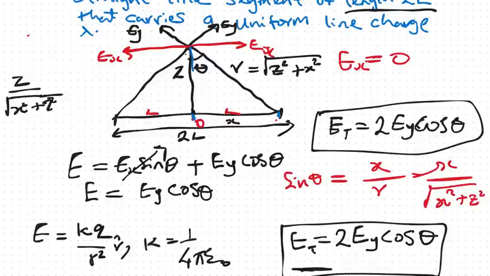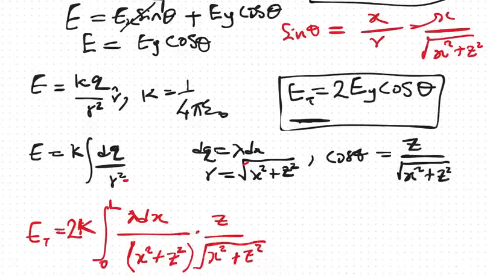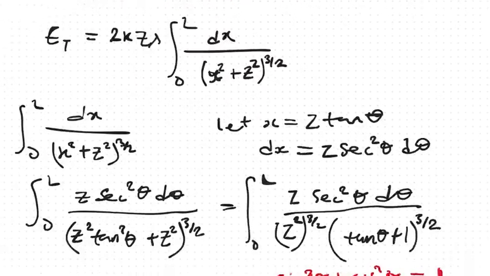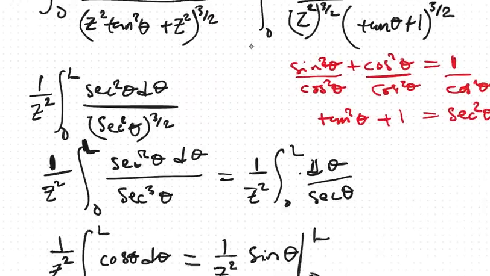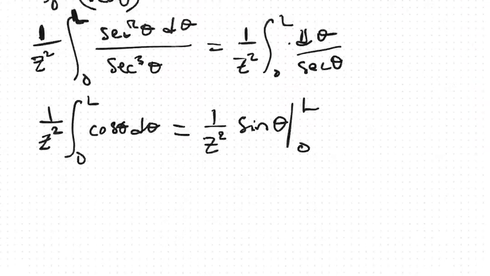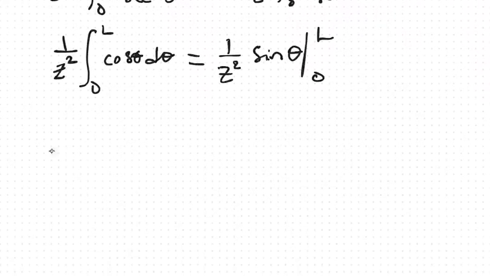So if we decide to substitute this in place of sine theta in the expression, we'll be having 1 over z squared.